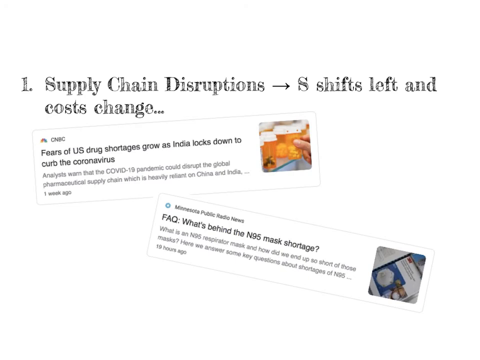Note that when we talk about supply curve shifts, they shift mostly due to a change in input costs, right? What has been in the news lately is especially drug shortages, because a lot of the inputs for drug manufacturing actually come from countries like China and India.